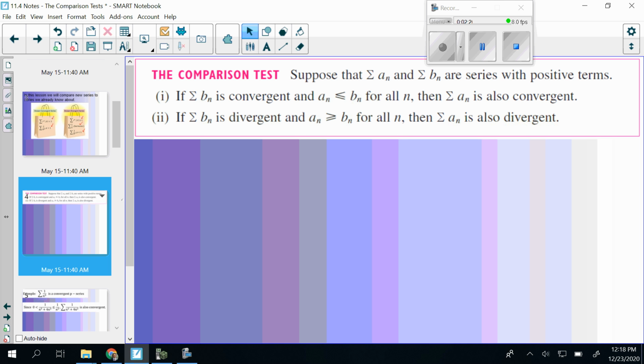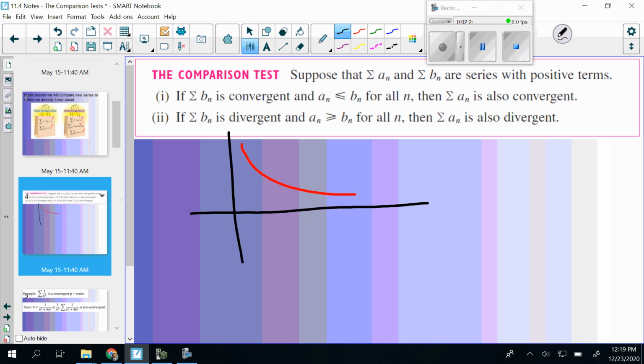So what we're looking at here is if you have a graph, and this is our B right here. This is our series B, and it's decreasing fast enough that we know it's going to converge. If you have one less than that, that's also got to be going to zero fast enough. That one's going to converge as well.